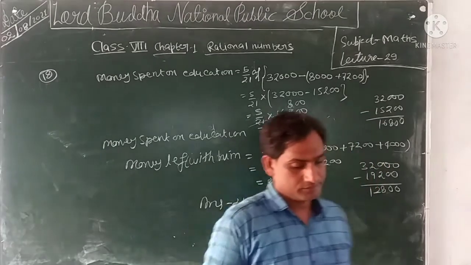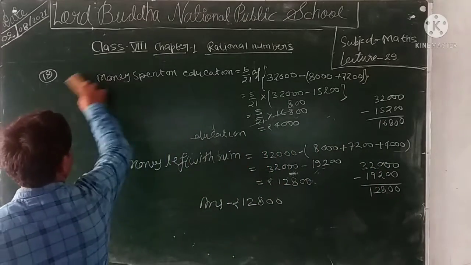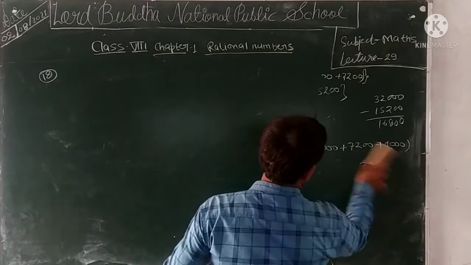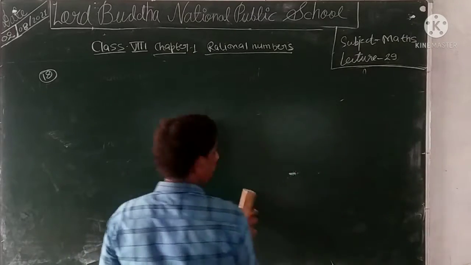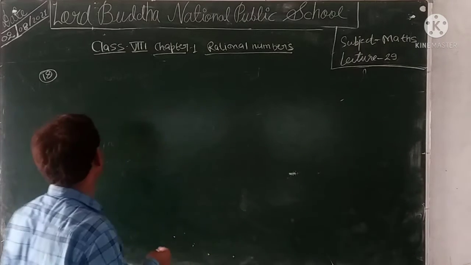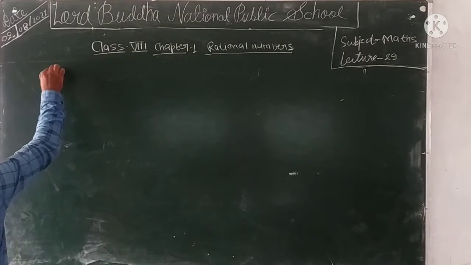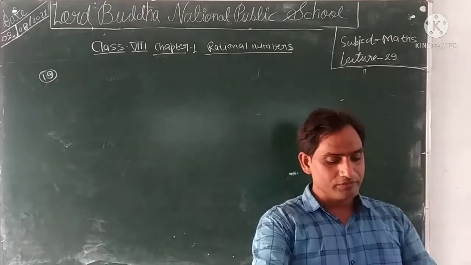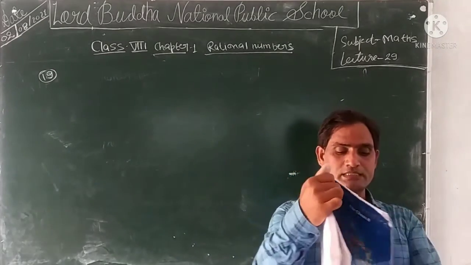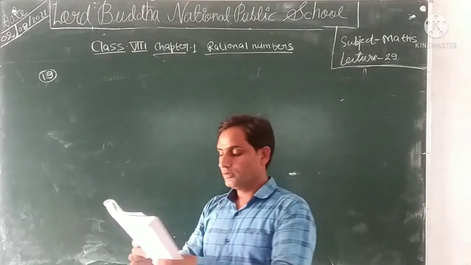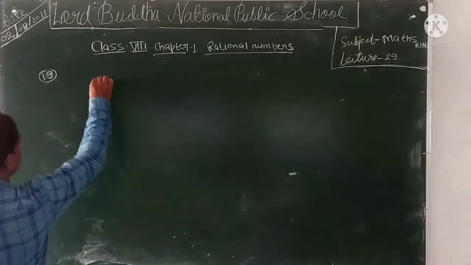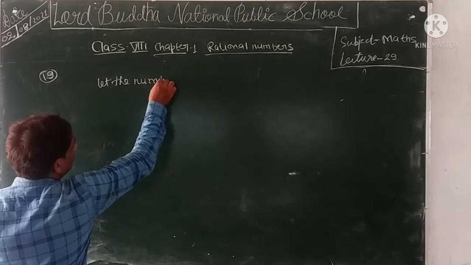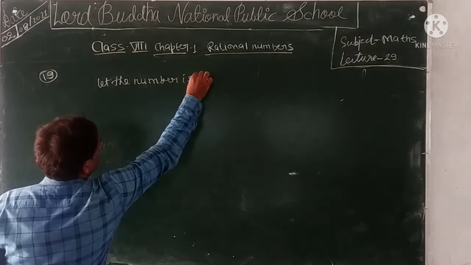Question number 19. Okay. If 3/5 of a number exceeds its 2/7 by 44, find the number. Right? The number is x.